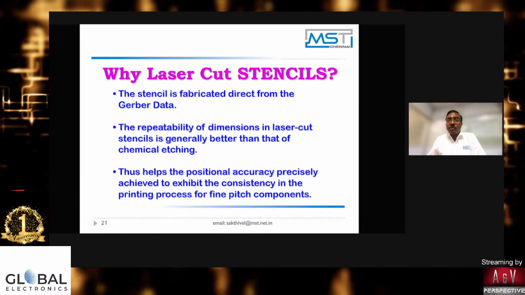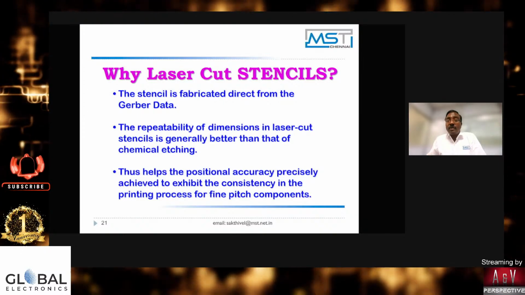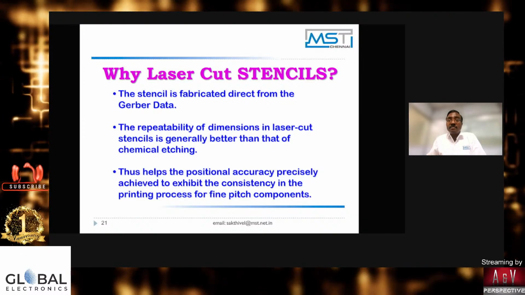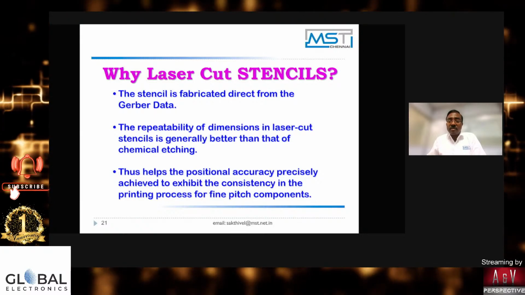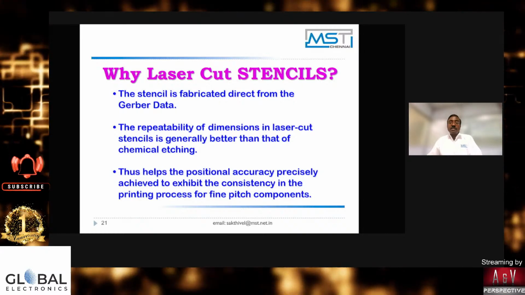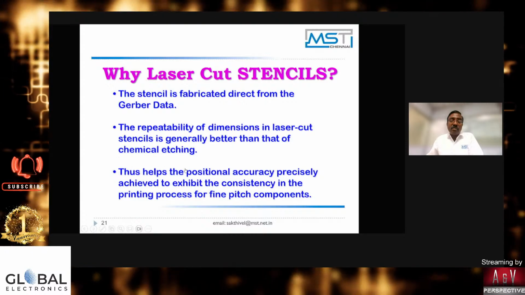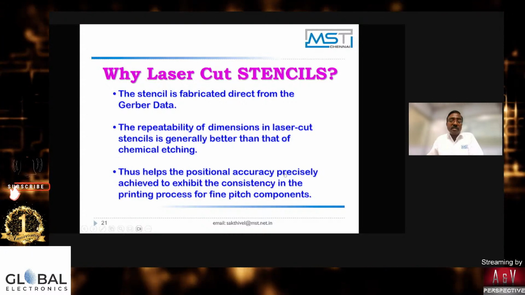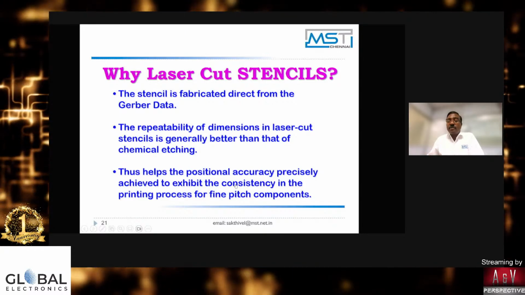And post processing, which is called deburring, will help you have better paste release. You need to do deburring and some chemical or surface treatment to have hole wall smoothness. That is in subsequent stages. The main idea is to have better positional accuracy, precisely, to achieve consistency in the printing process.